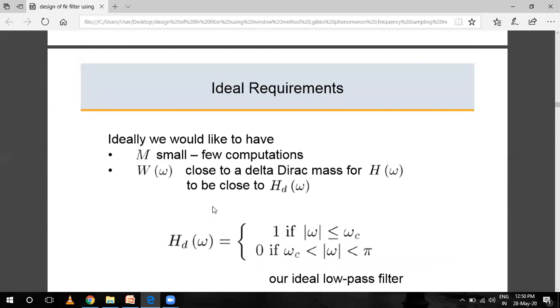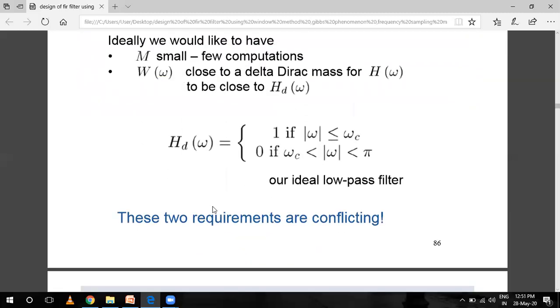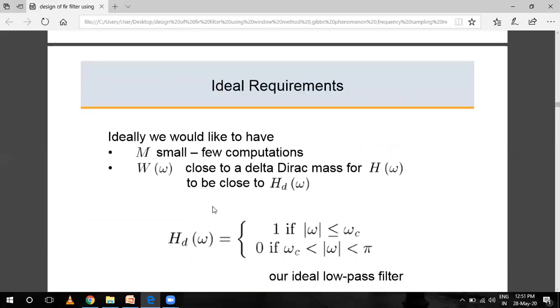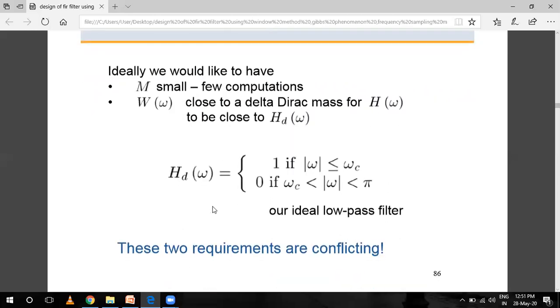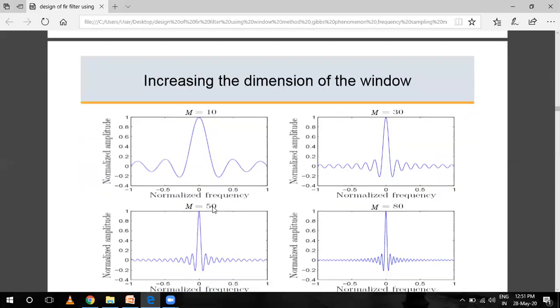Ideally we would like to have M small, for few computations, and W(ω) close to the Dirac delta, so that H(ω) is close to Hd(ω). Hd(ω) is equal to 1 if ω is less than or equal to ωc, and 0 if ω is between ωc and π, for our ideal low pass filter. These are the two requirements: M small for few computations, and W(ω) close to the Dirac delta.